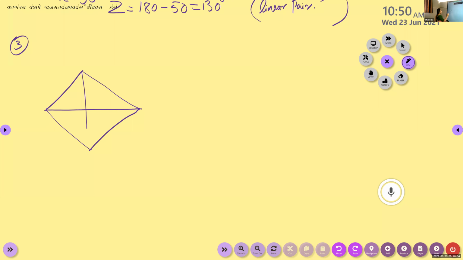Given that it is a parallelogram, and this is x, y, and here is z, and this angle is 30.